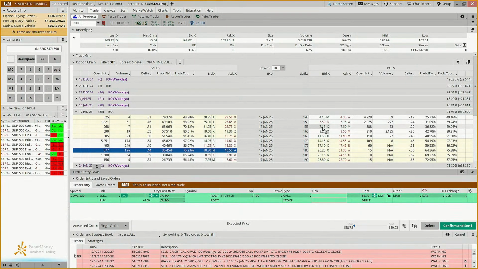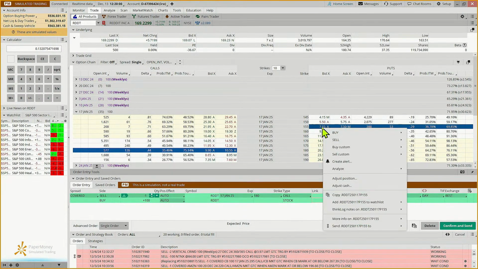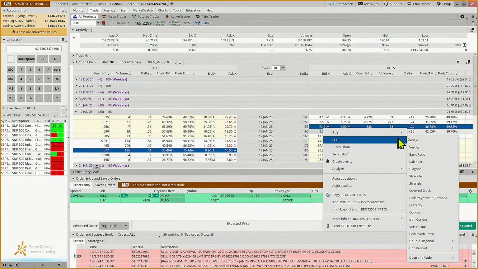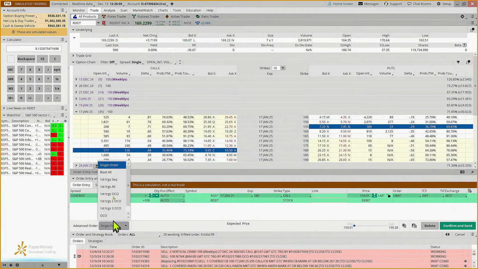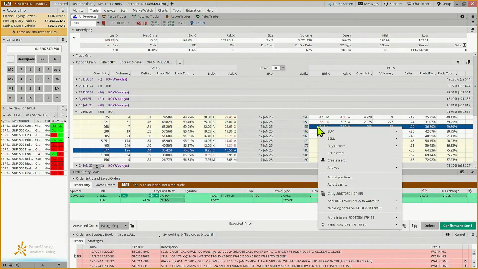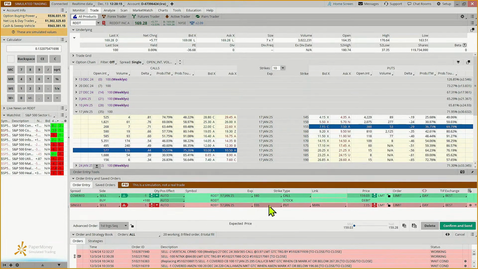And then on top of that, we come out here to this 155 strike and we sell the 155 put. Oh, sorry, I have to change this. First triggers, it could be first triggers all or first triggers sequence. In other words, if the first thing happens, then do the next thing. And the next thing is that we want to sell this 155 put. Now, what does that mean? It means we're agreeing to buy another 100 shares at 155 at any time between now and January 17th.